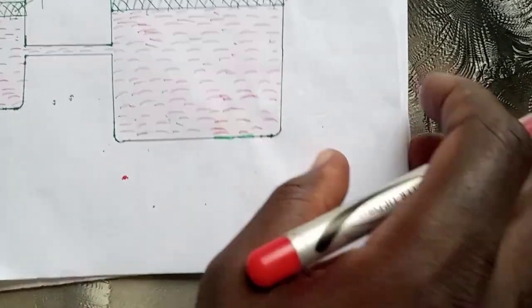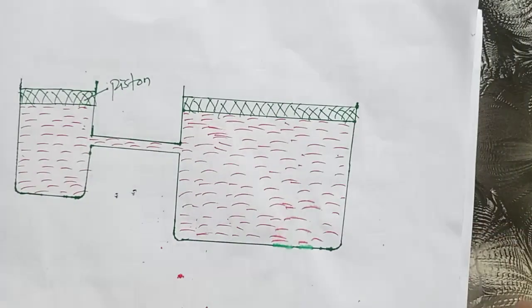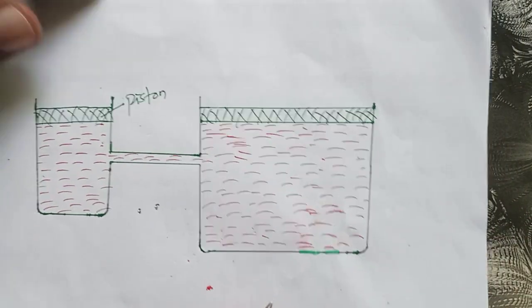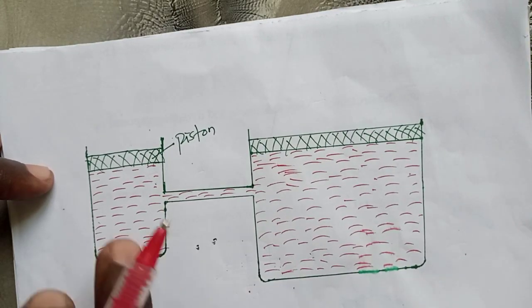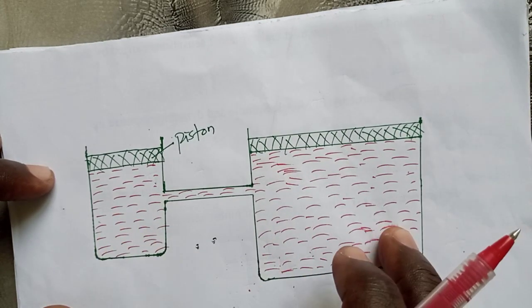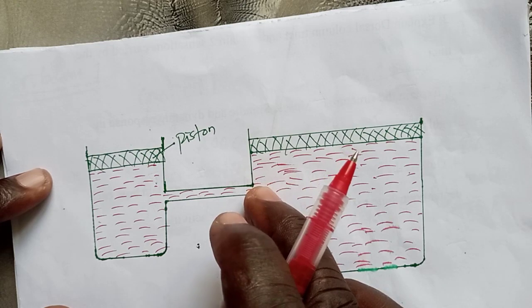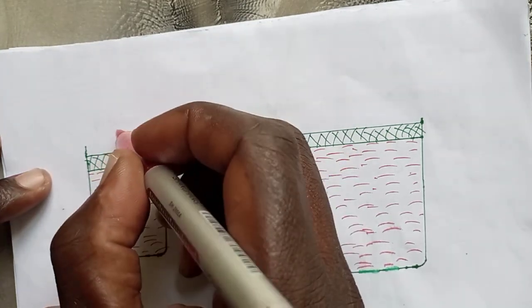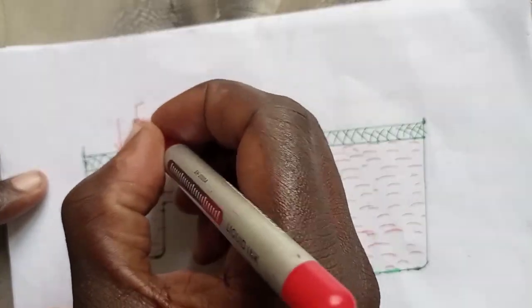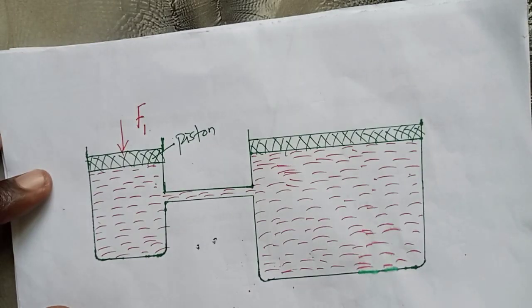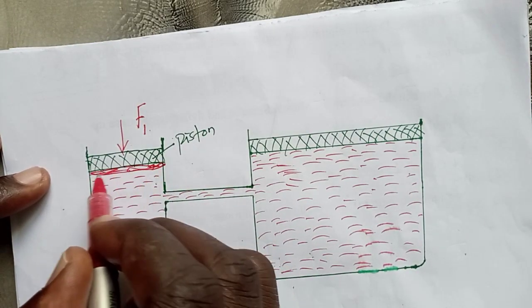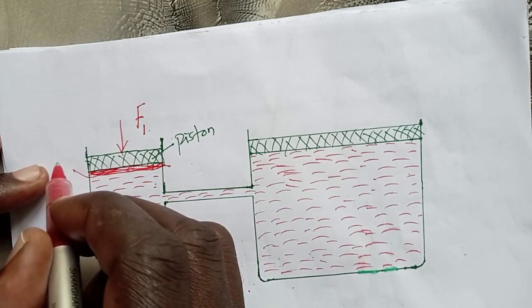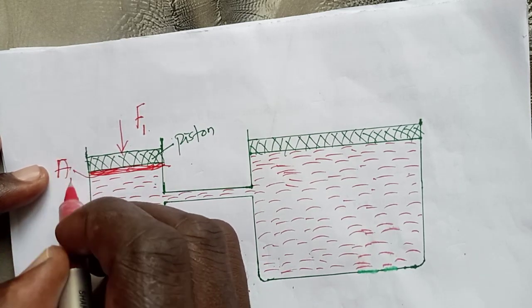Now, look at this one here. You see, here we have a container, and we have another container. They are connected here. So if I apply a force here, let's call this force F1, and then the area of this surface here, I can call it A1.